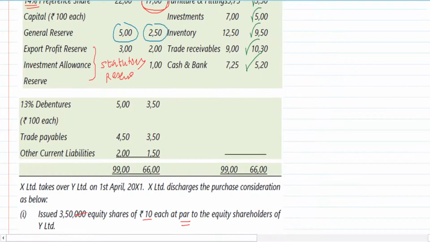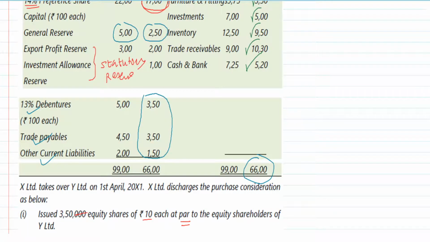That means everything will be taken over at the book values. So there is no point in writing all these items. I may directly start with the total of the assets, which is 6,600. And from that, I will deduct the liabilities. This debenture is a liability, trade payable is a liability, other current liabilities. So these figures shall be deducted. That will give me the net assets taken over.